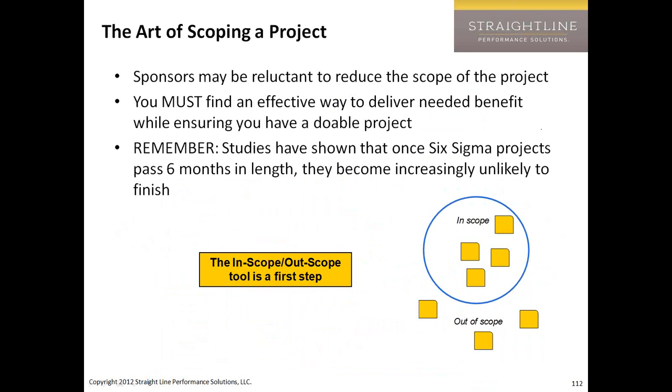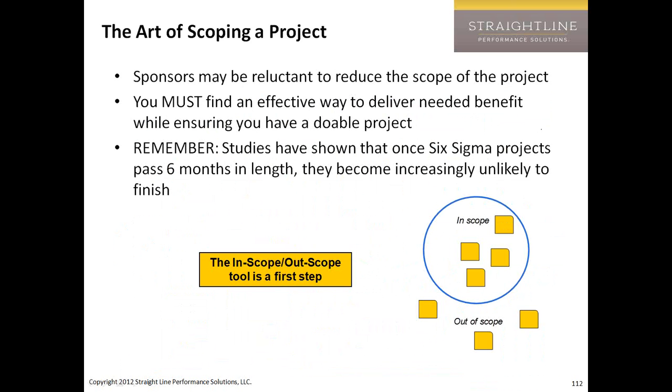As we talked about before, scoping is an important thing, and it's important to keep it doable. Studies have really shown that if teams linger over a long period of time, they tend to not deliver. So keeping focus is very, very important in terms of delivering benefit.